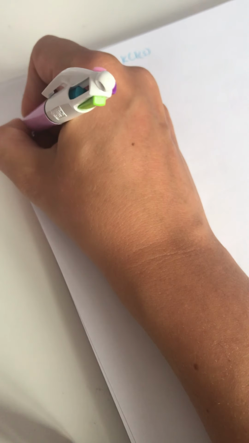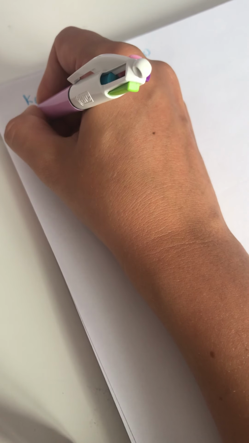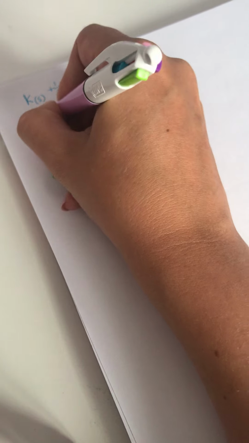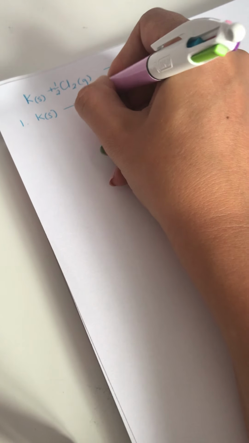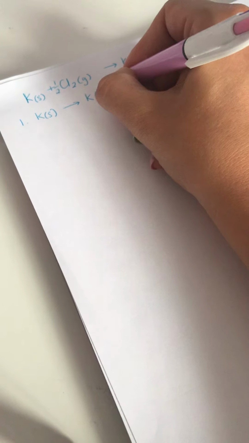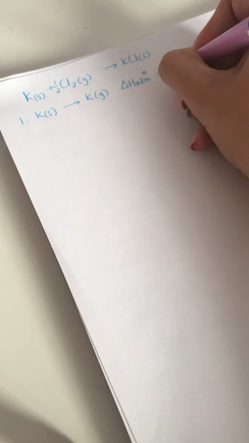So if I look at this, the first thing I'm going to have to do is again take the potassium as a solid and change it to potassium as a gas. Now that is the standard enthalpy of atomization. So looking at my information, the standard enthalpy of atomization of potassium is 90 kilojoules per mole.